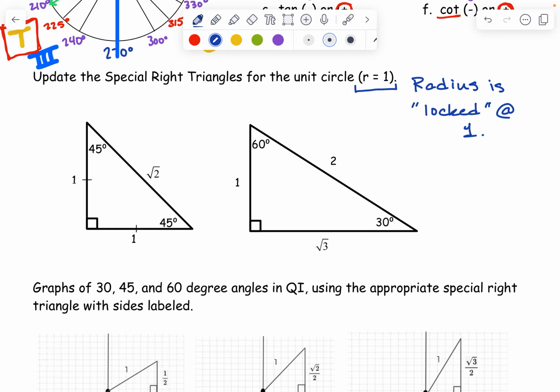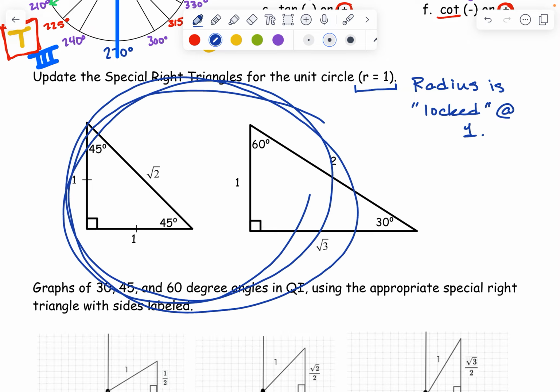And so when you're thinking about these triangles, and it's going to be hard to draw it to scale here, but if they were inside of a circle, this hypotenuse would be my radius.